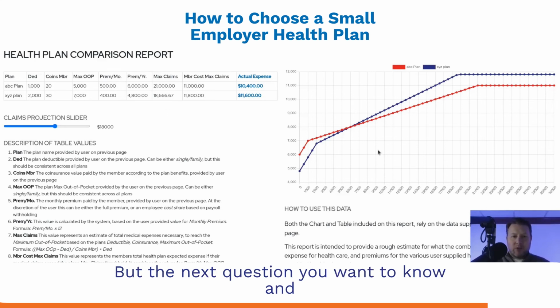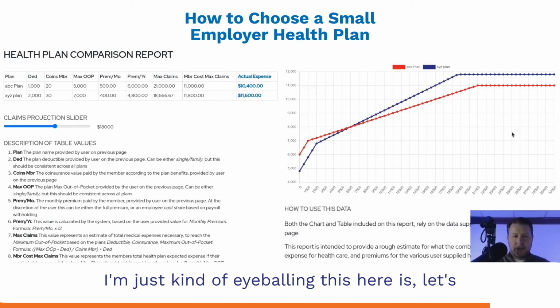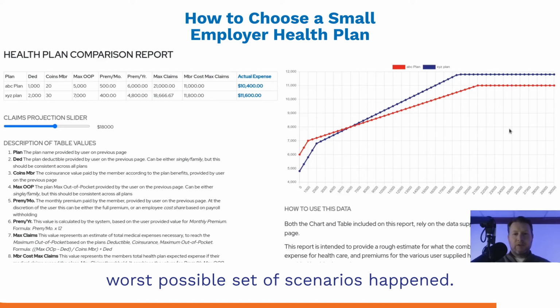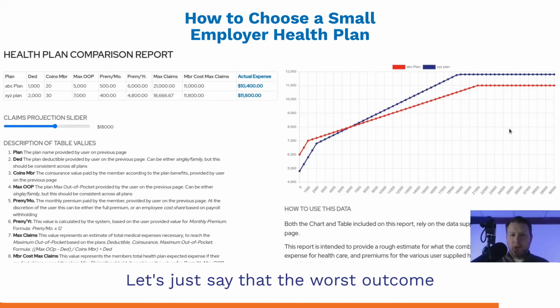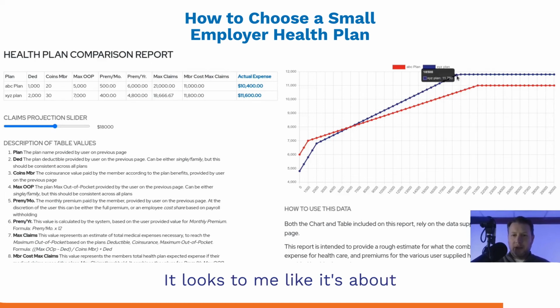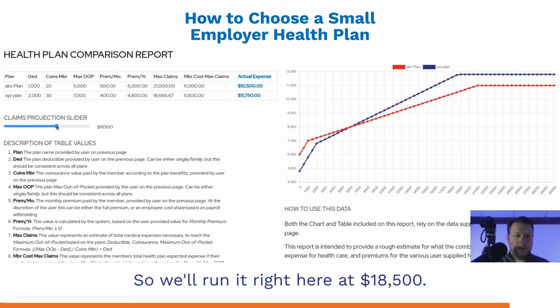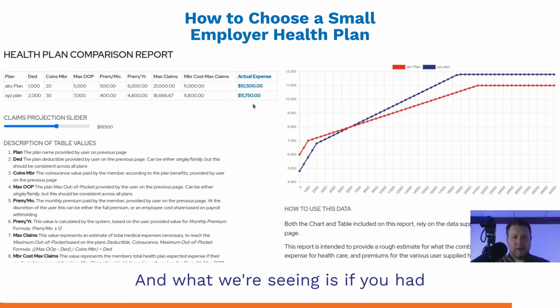But the next question you want to know, and I'm just kind of eyeballing this here, is let's just say I chose the wrong plan and the worst possible set of scenarios happen. Like, let's just say the worst outcome, where the price spread was the highest. It looks to me like it's about right here at medical claims of 18,500. So we'll run it right here at 18,500.